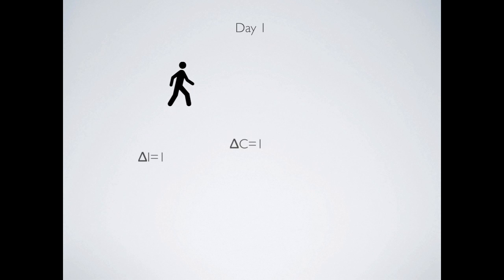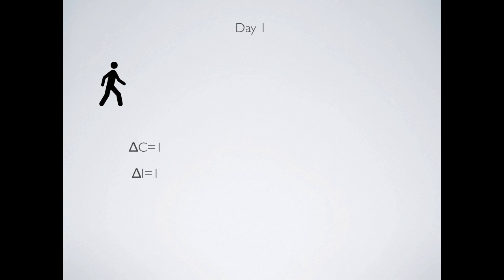So in day 1, this household becomes richer by 1 unit of income. In response to that 1 unit of income increase, the household increases consumption exactly by 1 unit.